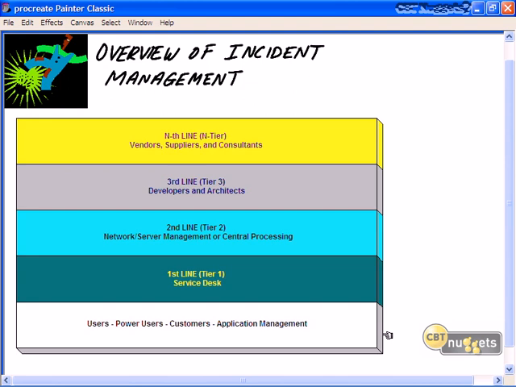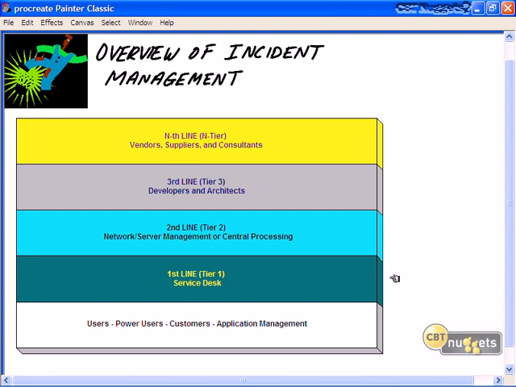At the bottom we have, of course, our customers, our users, our power users, our corporate application management. And then from there, it's going to move in the incident management process to the first line or the first tier. Again, this can be vertical or horizontal, and that's our service desk, which we've discussed in detail earlier in this CBT nugget.